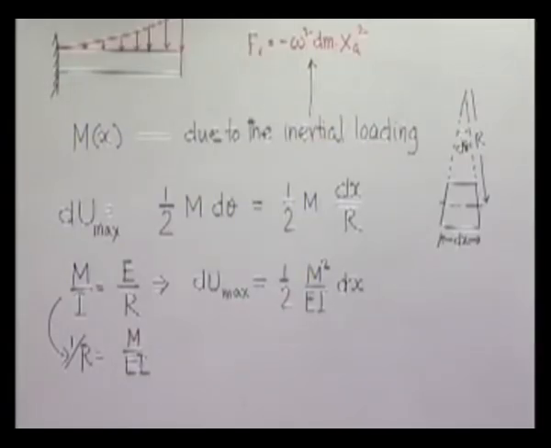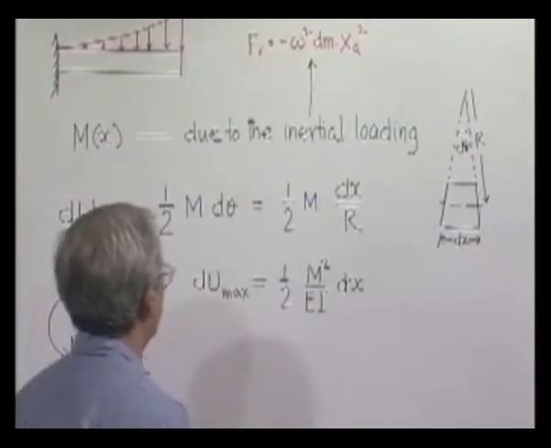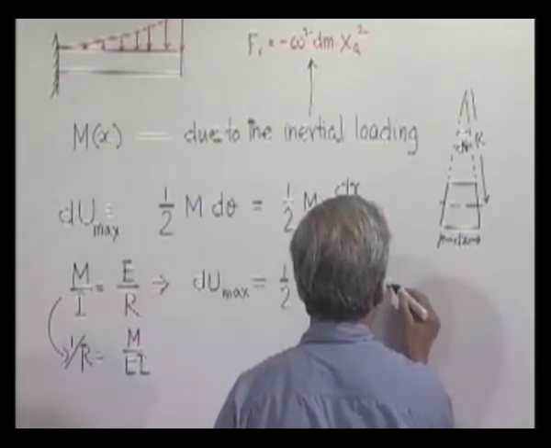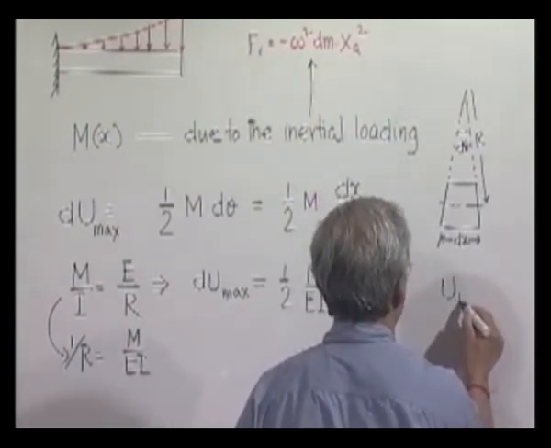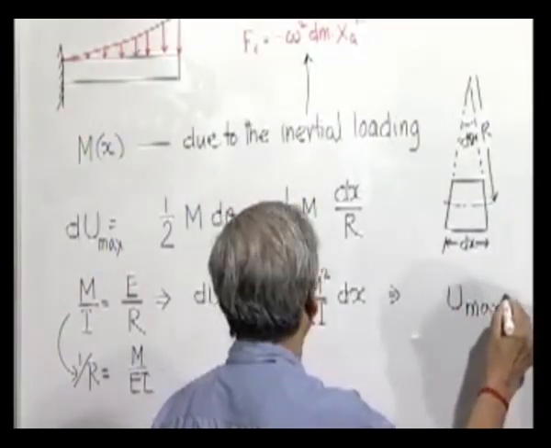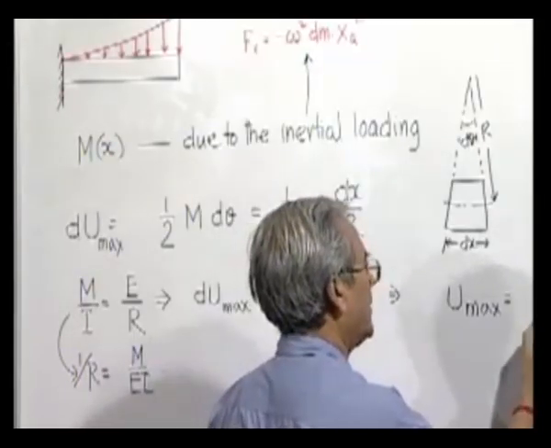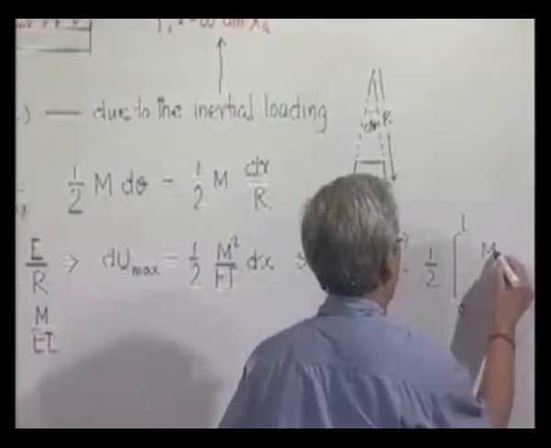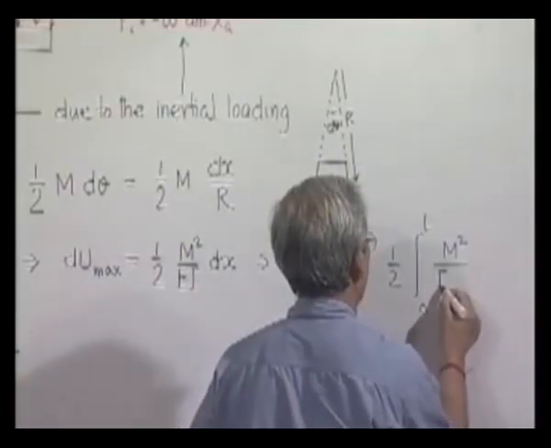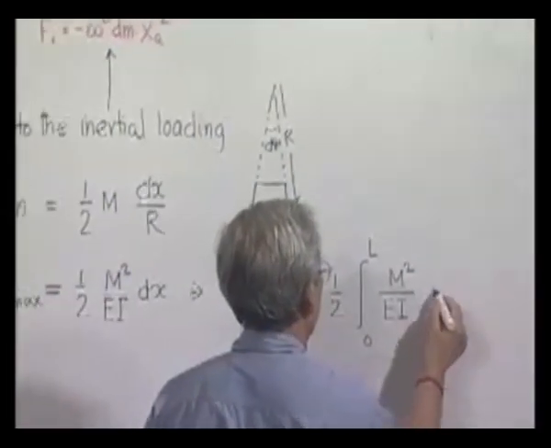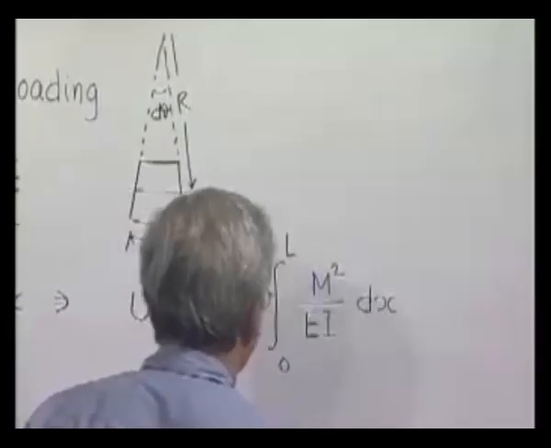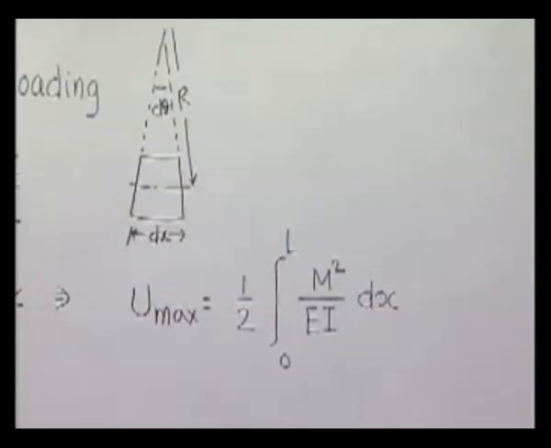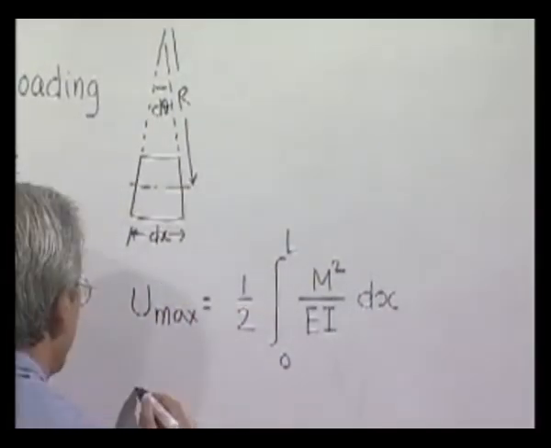So now from this we will get the maximum potential energy, the whole will be half integral of M square by EI dx, and T max of course remains as it is.